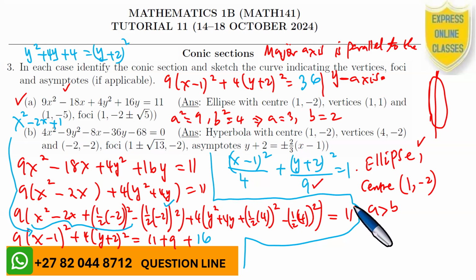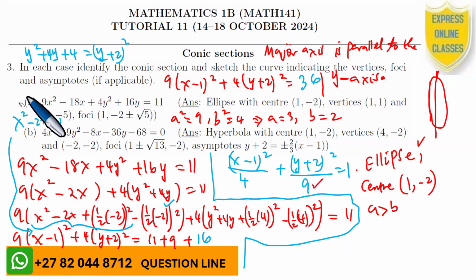So what then do we do here? Since we have already found the coordinates of the center, what we then do is we add and subtract. It would mean essentially the following.